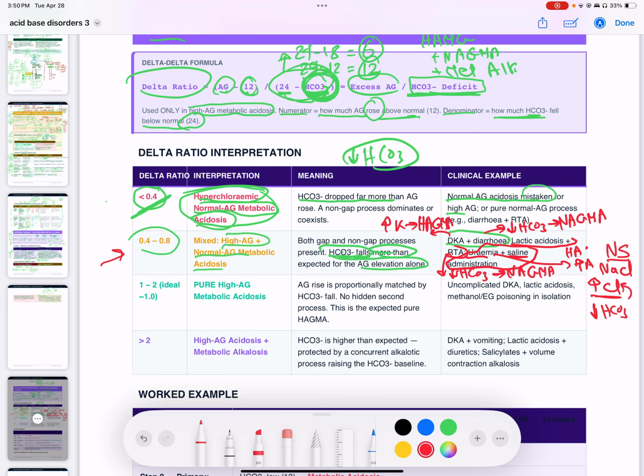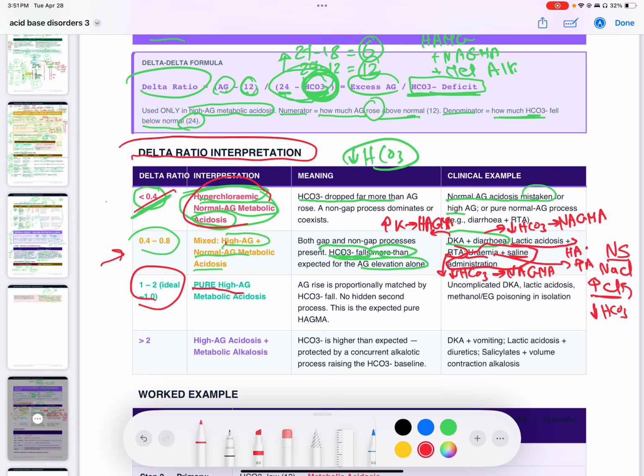So those are the cases where you can see metabolic acidosis that can be interpreted by the delta ratio: just normal anion gap only if the delta ratio is below 0.4, or if it's 0.4 to 0.8, a mix between high anion gap and normal anion gap. If it's 1 to 2, that's ideal.